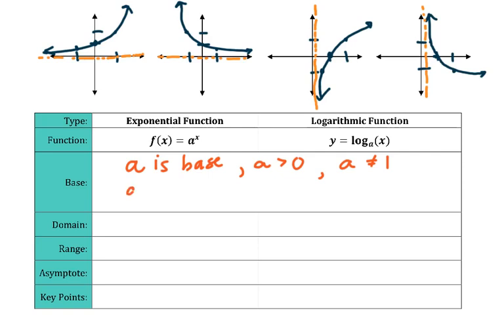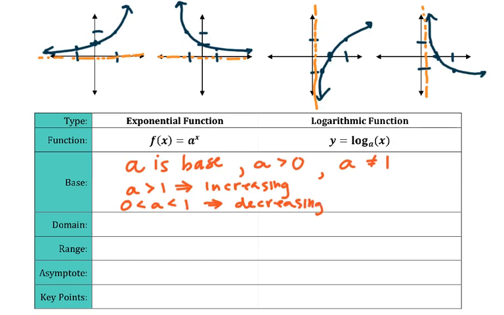And if a is a value that is bigger than 1, then we're going to have a graph that is increasing, which means it's rising from left to right across the page. And if we have a graph with a base a that is fractional between 0 and 1, we will end up with something that is decreasing from left to right.